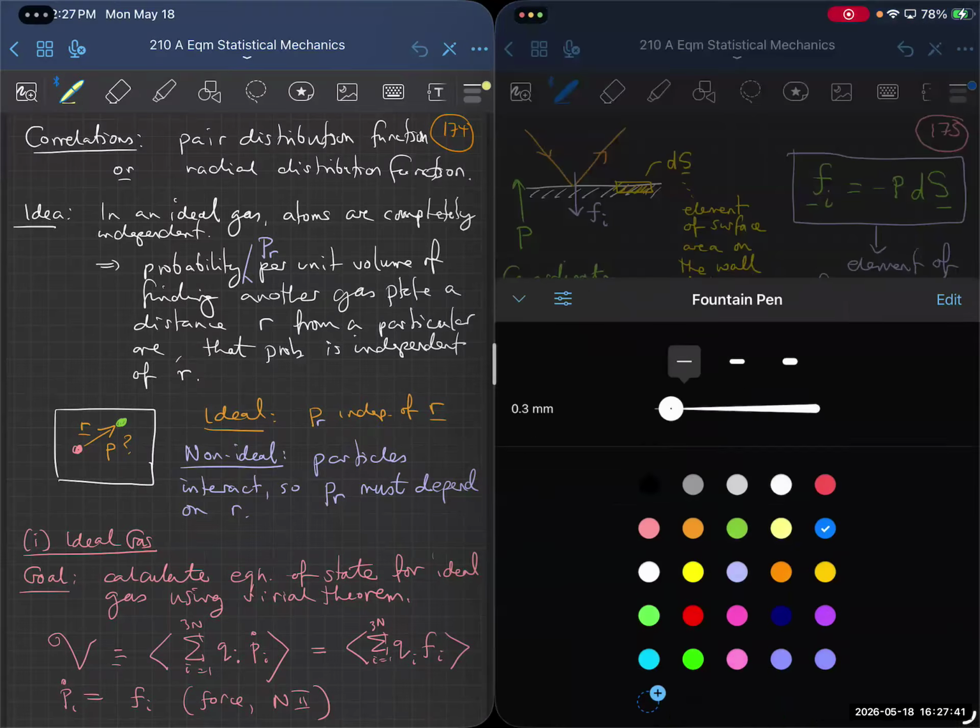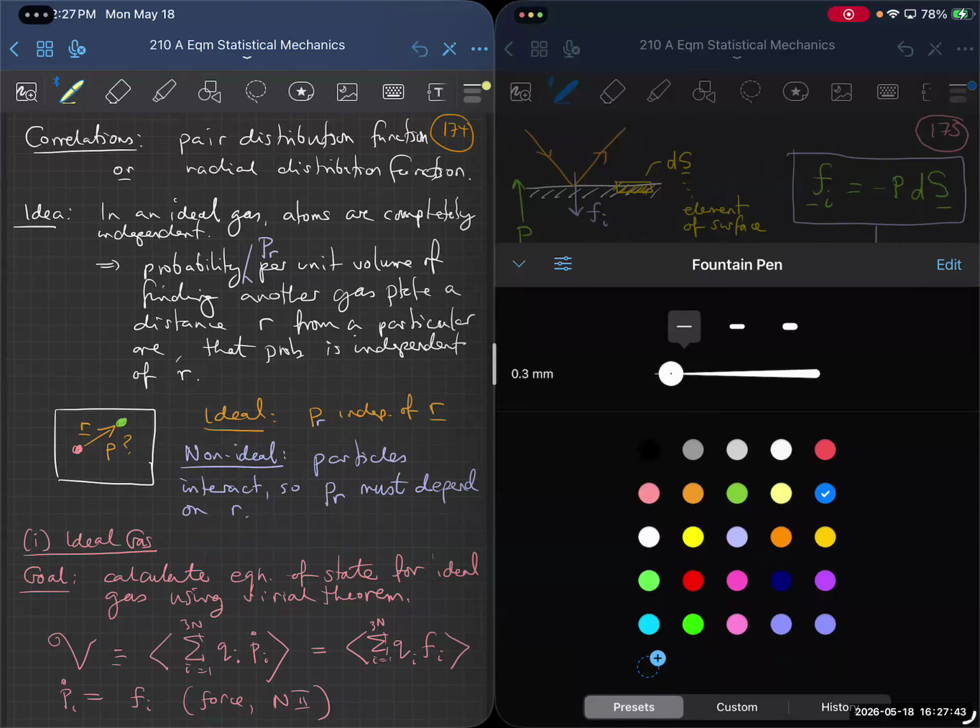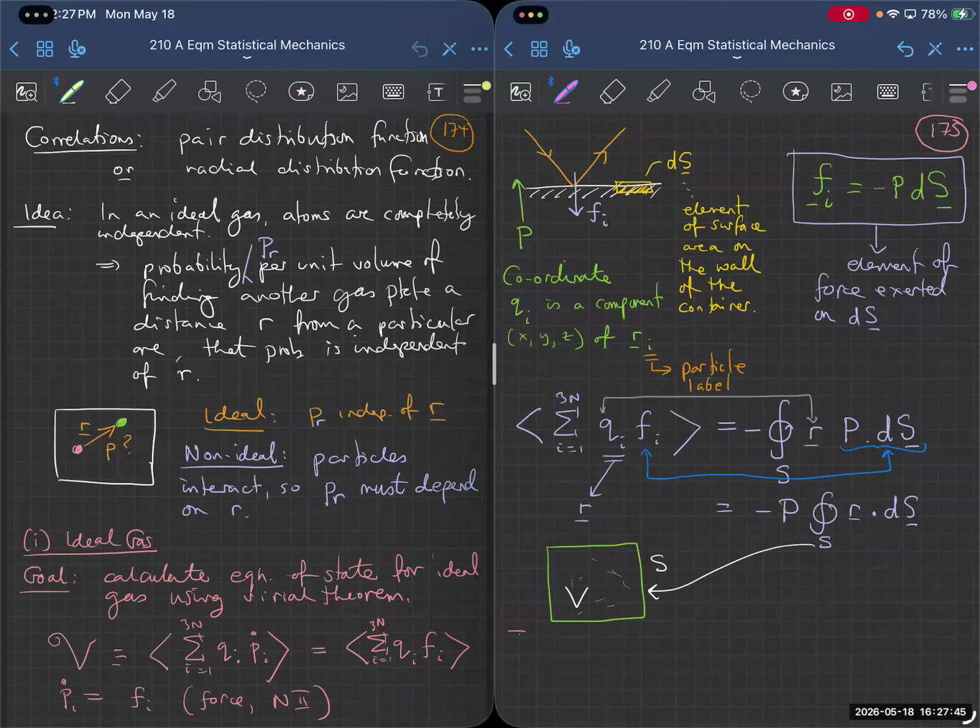Okay, now here's a trick that's really cool. The math trick to make this work is to use the divergence theorem. You remember the divergence theorem from simple vector calculus?